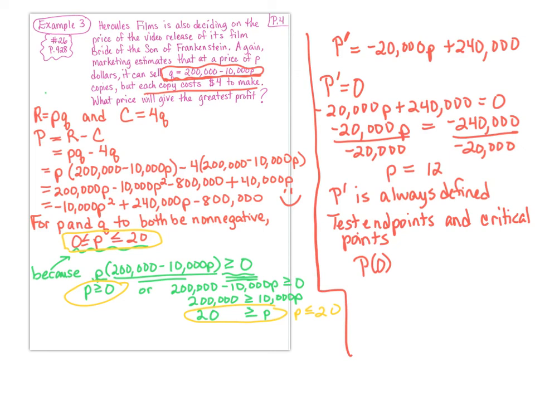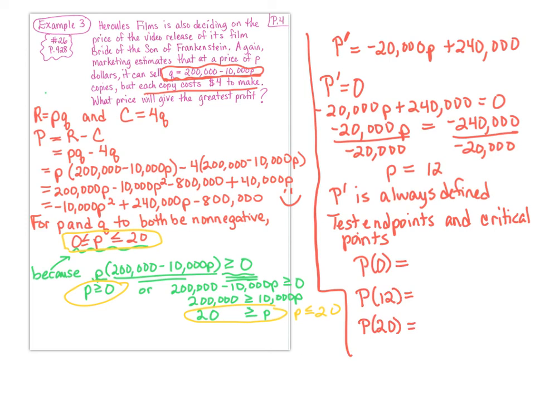Okay, so P of 0, notice that 0 is an endpoint. We're getting that from here. 20 is also an endpoint, and then 12 is our critical point. So we need to find P of 0, P of 12, and P of 20.